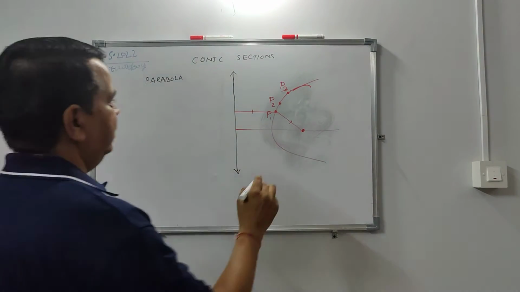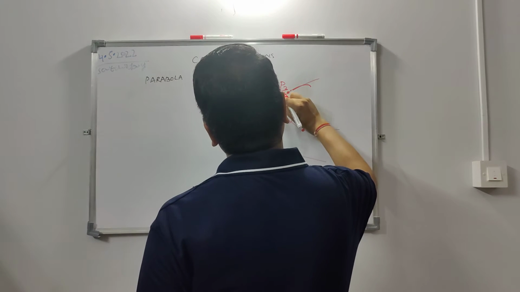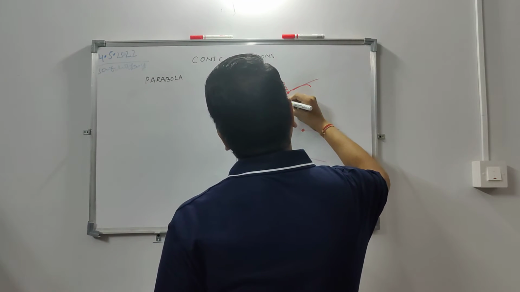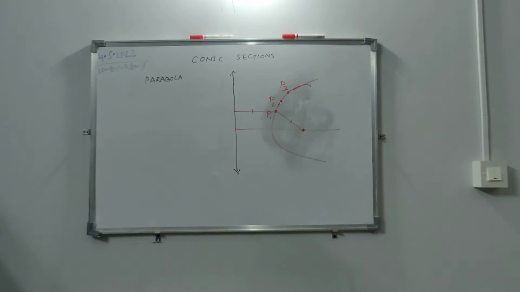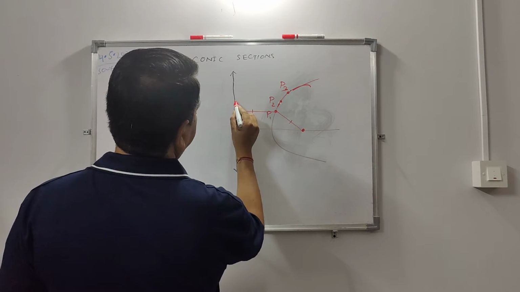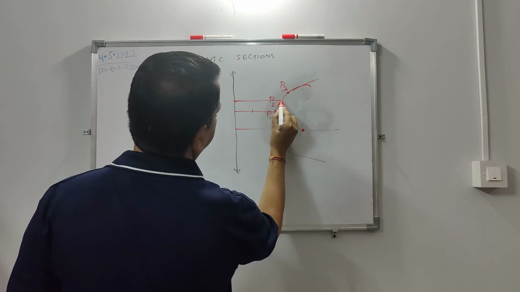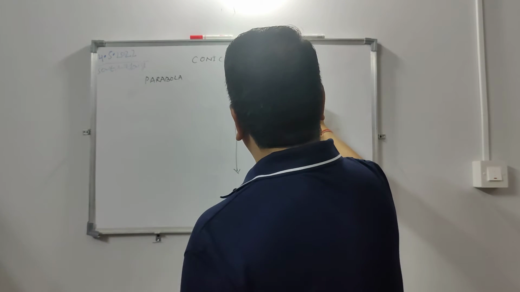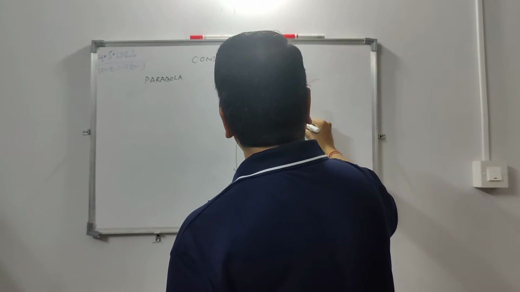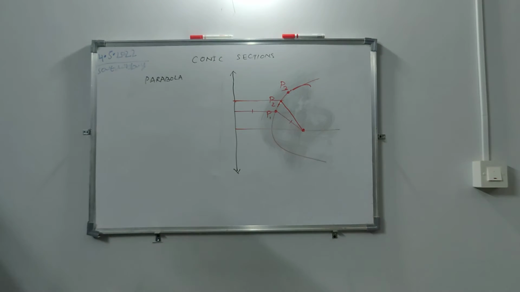Similarly, let us say my other point is somewhere here. Let me say this distance. So this is my distance, and we say this is a distance from the focal point.